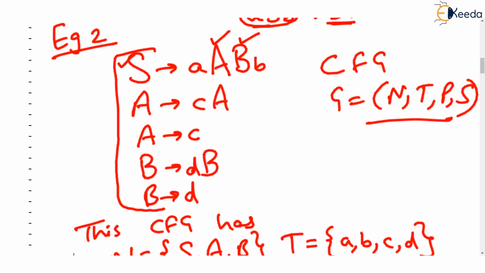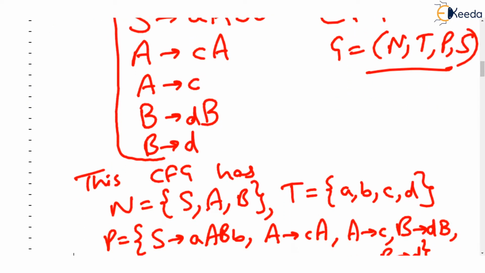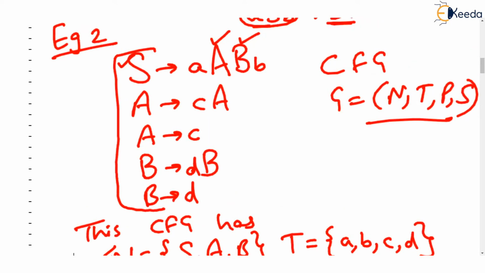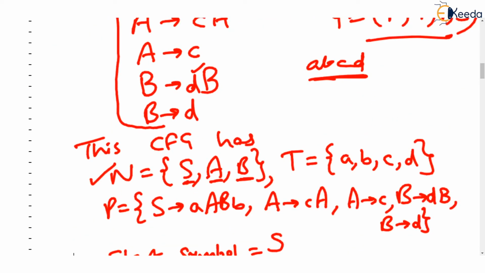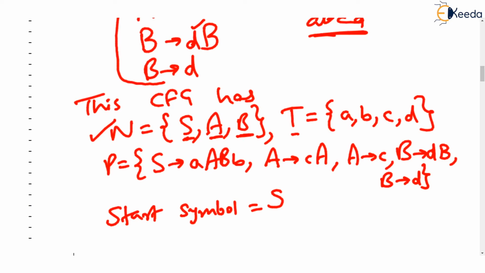So N is the set of non-terminals containing capital S, A and B. What about terminals? We have terminals here as small letters a, b, c and d. So this small a, b, c, d is going to form the strings of the language. So that's the terminal set T, which contains a, b, c, d.